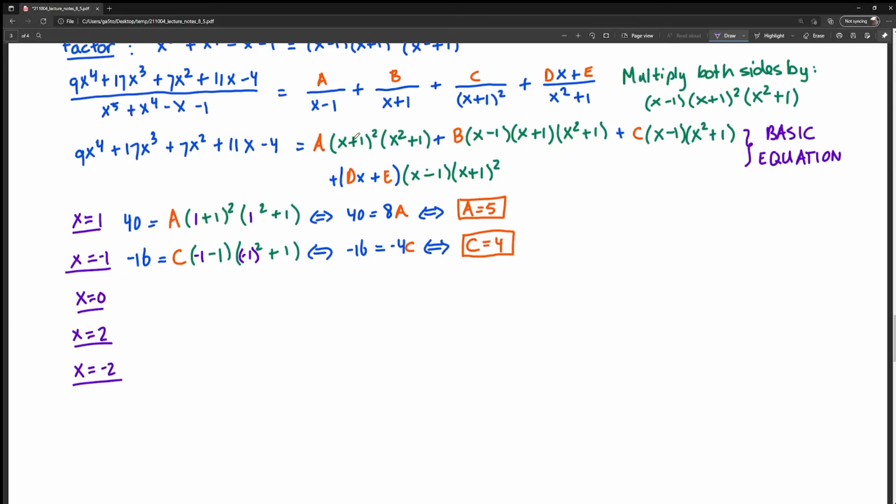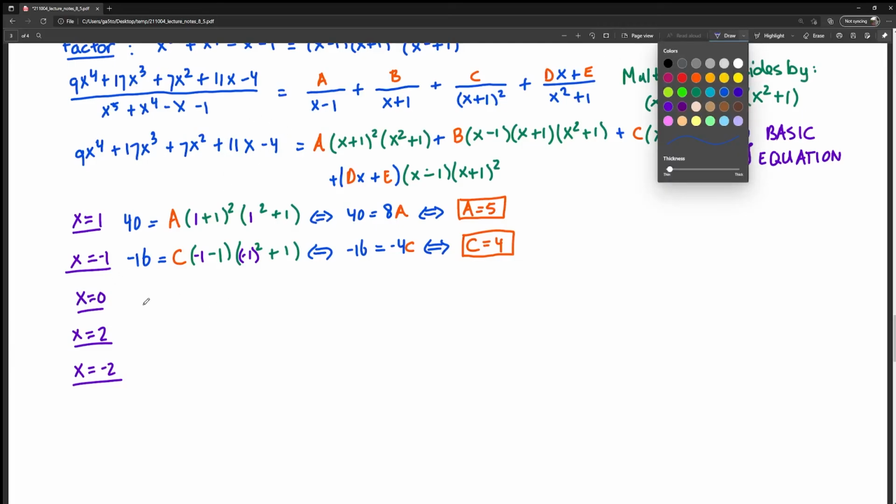But since we picked 0, 1, and -1, we could maybe pick x equals 2 and x equals -2. And so I'm going to fast forward now where I plug in these values and then get some equations for the coefficients that we are missing, b, d, and e.